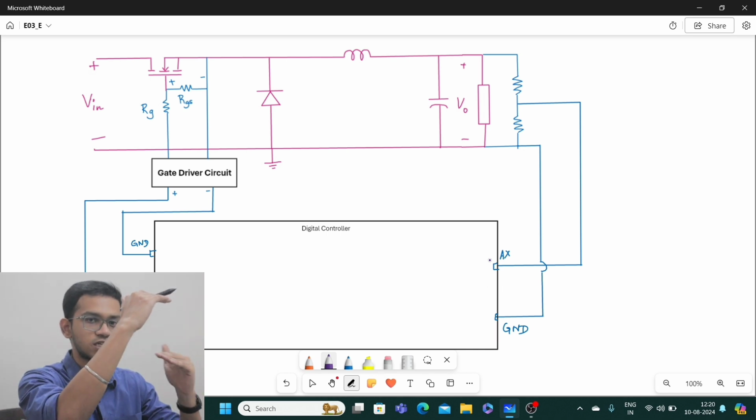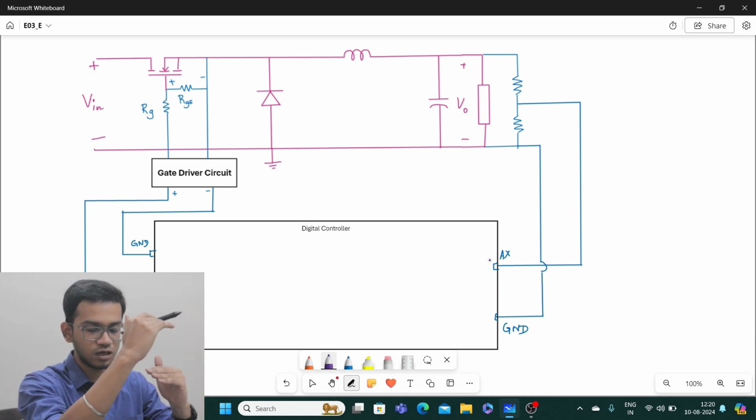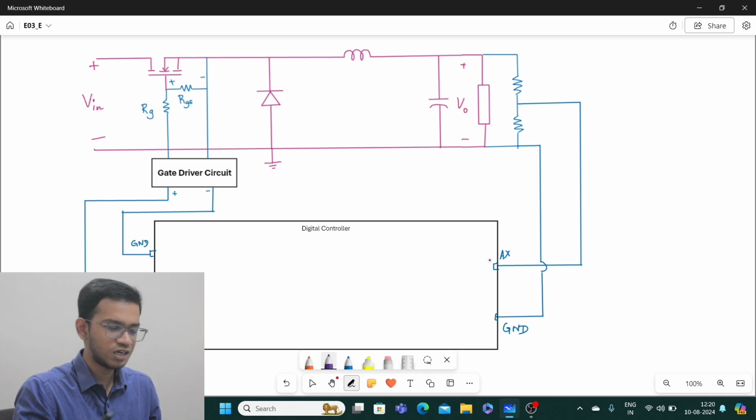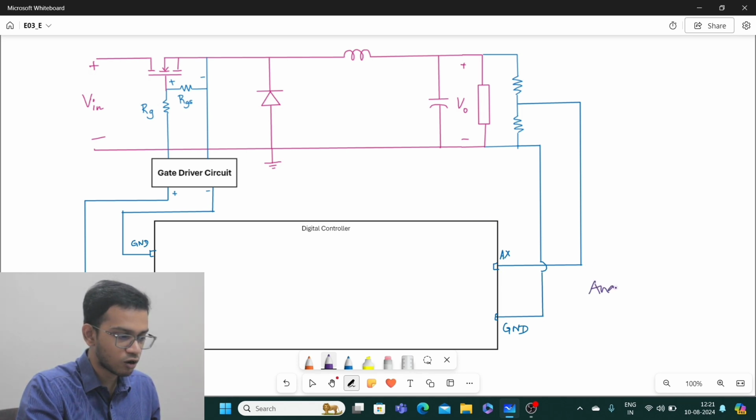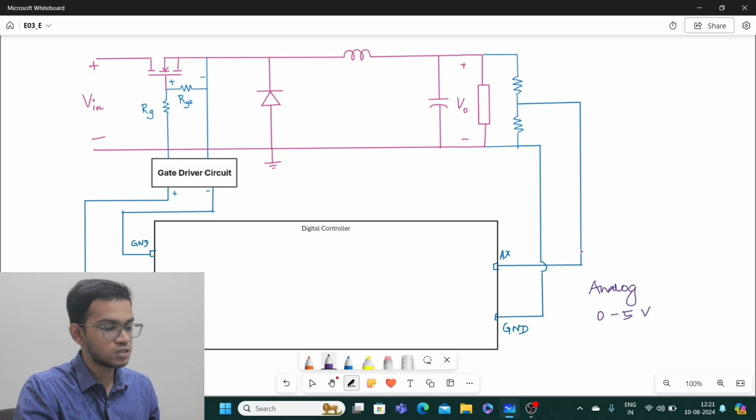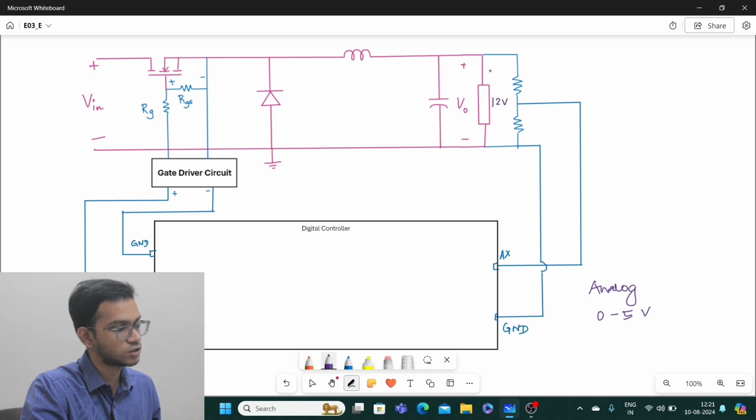We are transferring the output voltage of the converter, stepping it down by appropriate voltage ratio, and then giving it here. Why do we need to step down here? Assume that I am using an Arduino. In Arduino, you will have the range of this analog pin, which should be 0 to 5 volt. So the analog voltage which you are giving to this pin should lie between 0 and 5 volt. What is my voltage here? My output voltage of the converter is 12 volt.